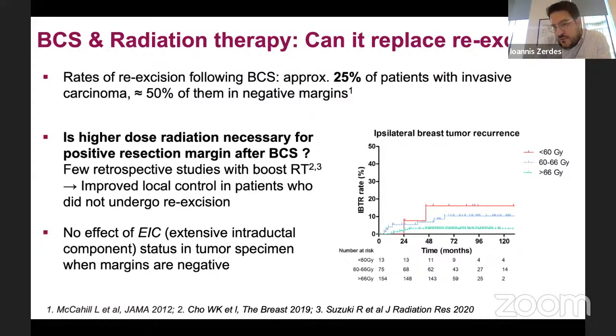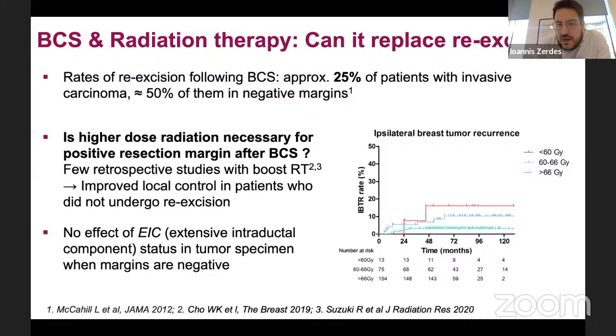To answer this question, there are a few retrospective studies that offered boost radiation therapy in patients and showed improved local control in patients who did not undergo re-excision.